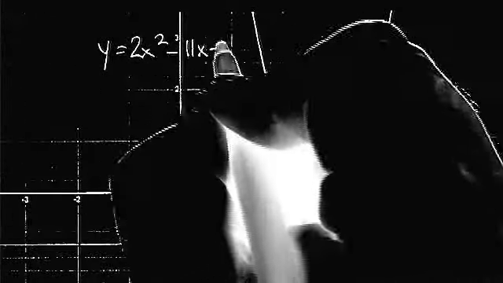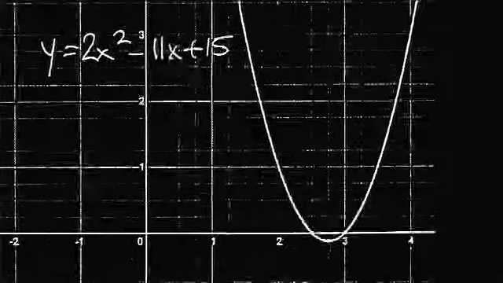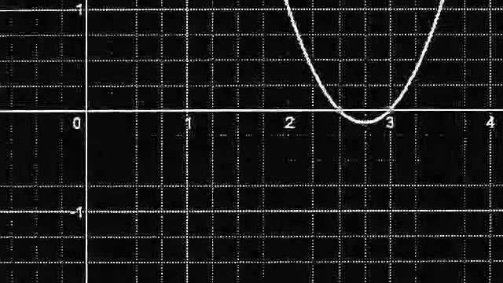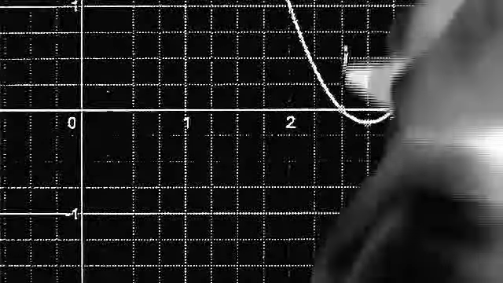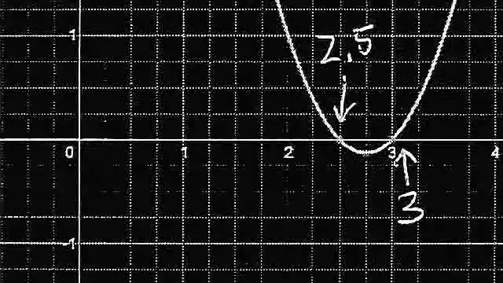Y equals 2x squared minus 11x plus 15. And I am going to zoom in on that, and I hope that you are starting to see the x-intercepts at 3 and also at 2.5. So it's crossing the x-axis at 3 and 2.5.